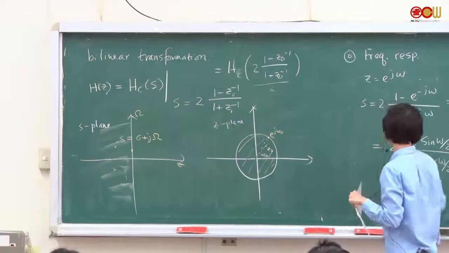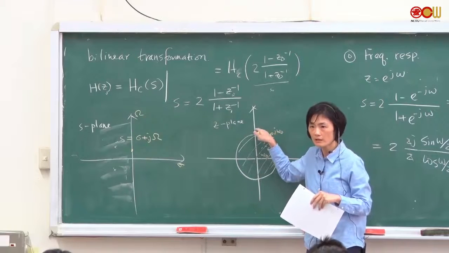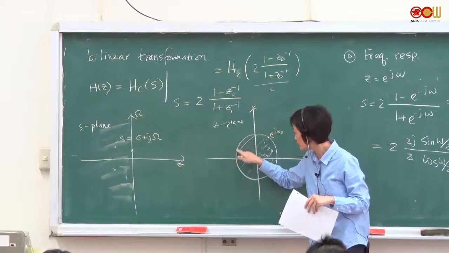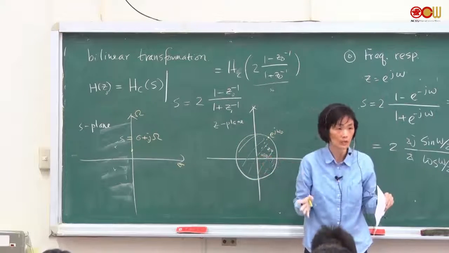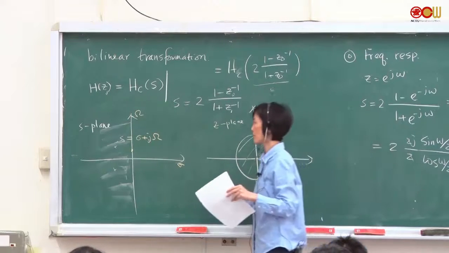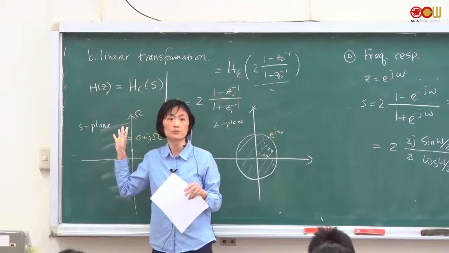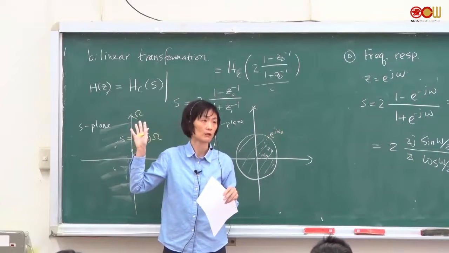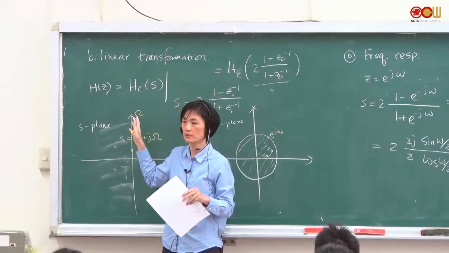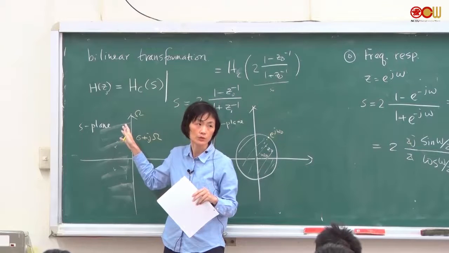Remember, on the z-plane, if we just look at a point on the unit circle, the point on the unit circle will correspond to the Fourier transform of the digital filter. And when we look at the S-plane, which part will represent the Fourier transform of the analog filter? Where on the S-plane can we have the Fourier transform?